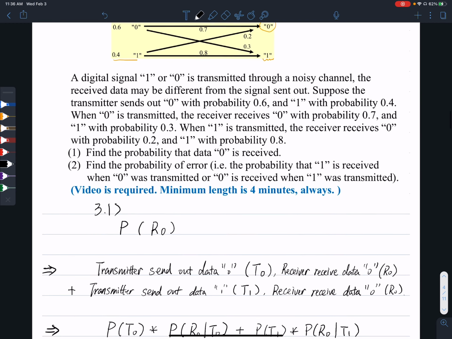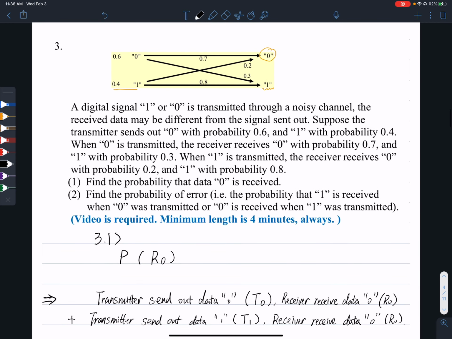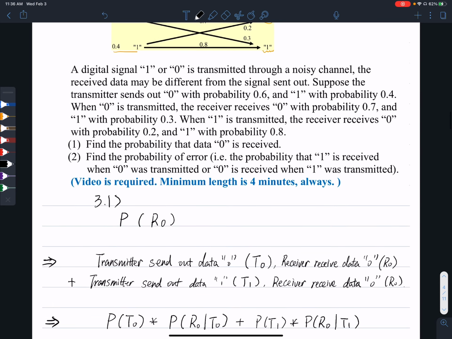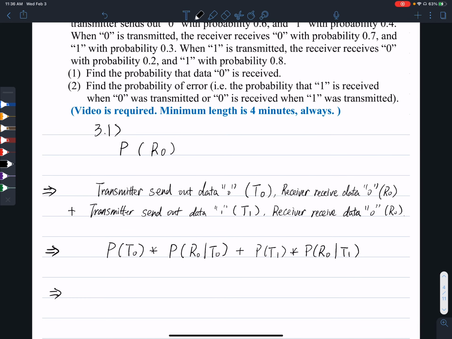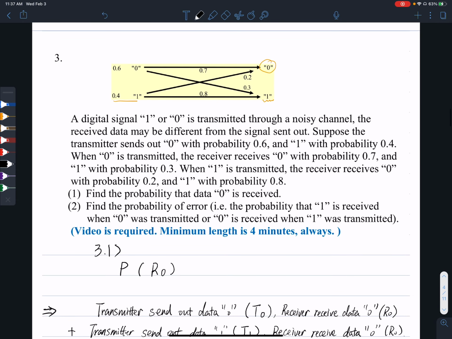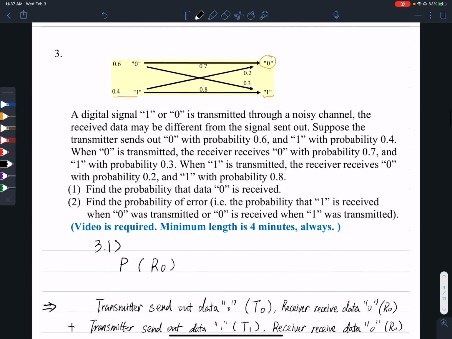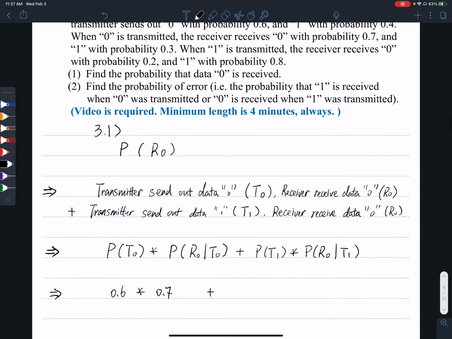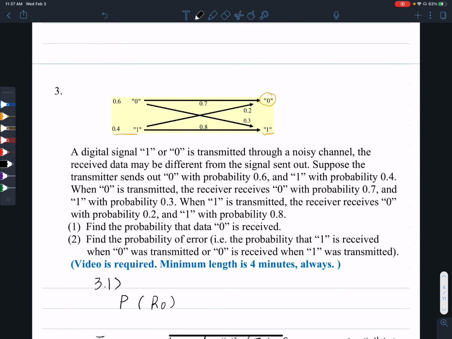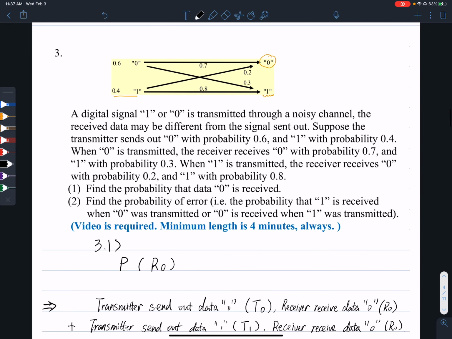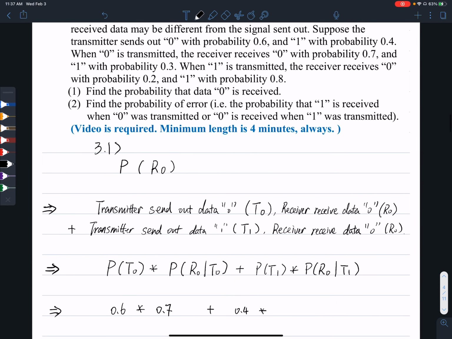So we can go back and find the probability. For the first part, the probability that the transmitter sends out data 0 is 0.6, times the conditional probability, there's a 0.7 probability the receiver receives 0. Plus the transmitter sends out data 1, the probability of that is 0.4, times the probability the receiver receives data 0, the probability of that is 0.2.